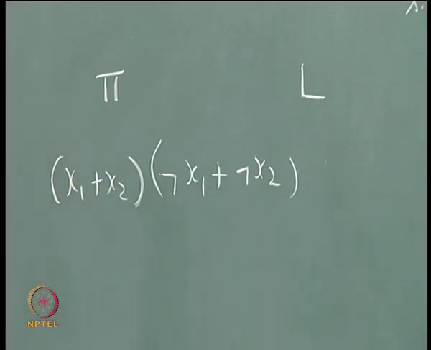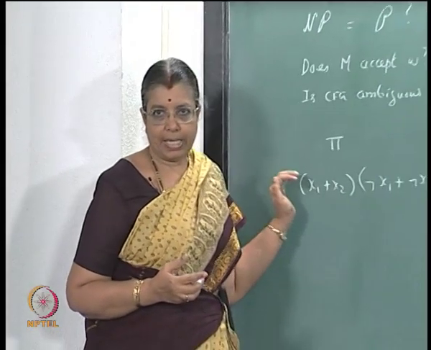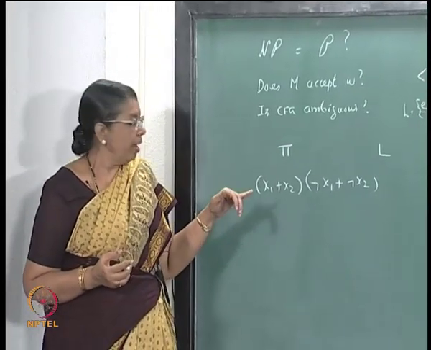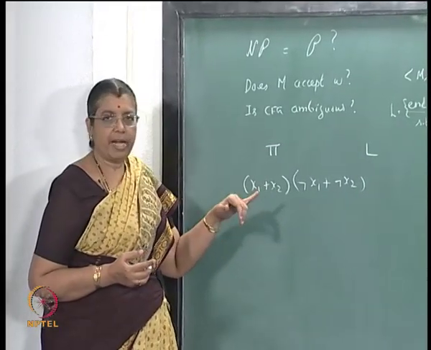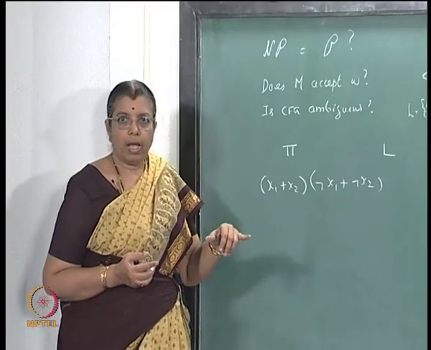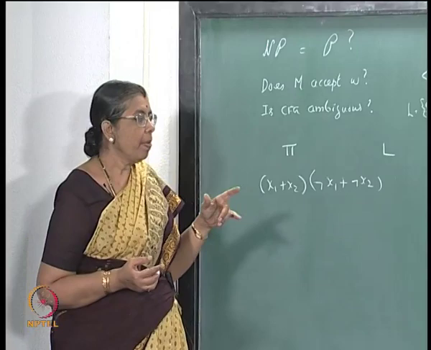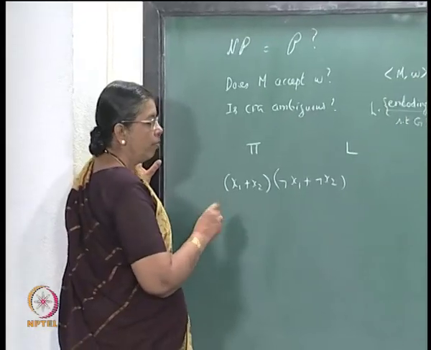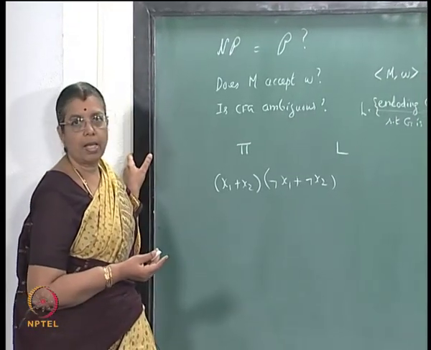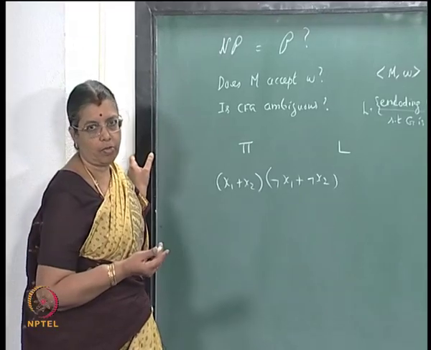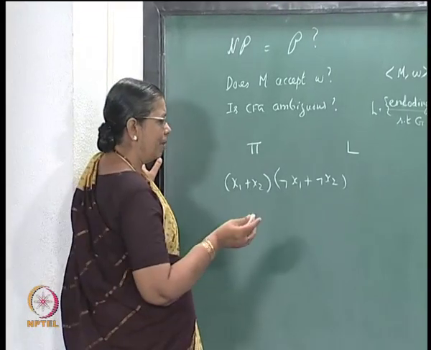Now, how do you represent this? It is a string, but instead of writing x1, x2, you can use numbers for the variables. For example, there are two variables, so 0 and 1, or you can use binary representation or just decimal representation 1 and 2.